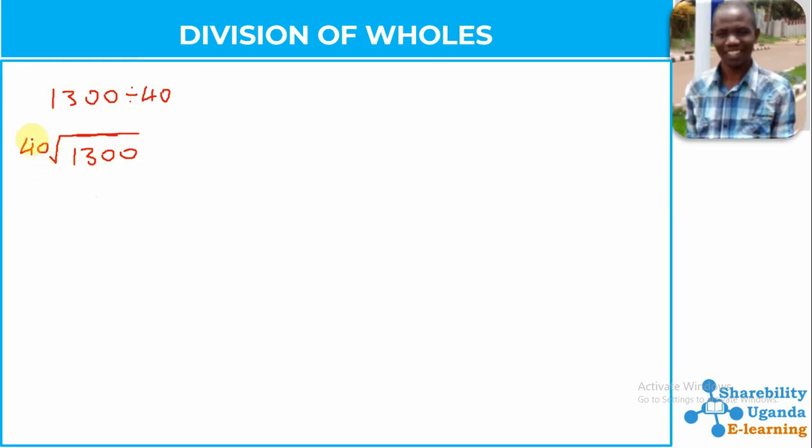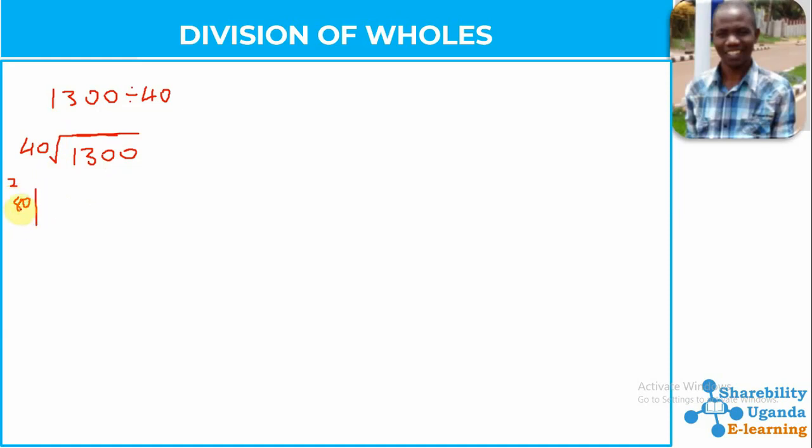For you to get it very easy, let me assume we use a 2. Then if we say 2 times 40, we shall get 80. That is rough work.